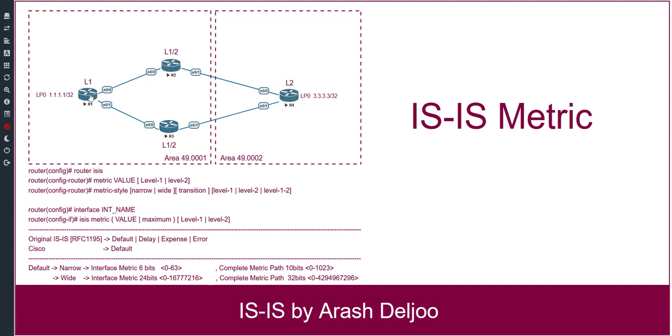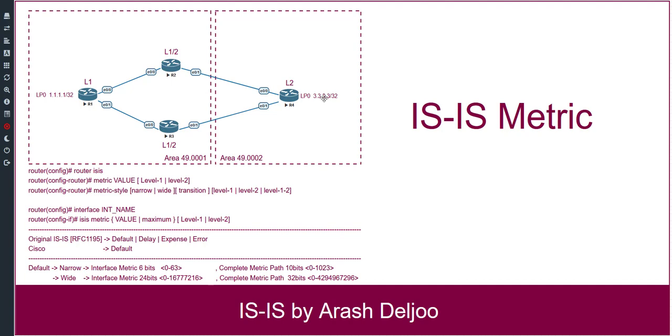This means that for reaching router 4, we have the metric 20 from this path and also 20 from this path. Also, we have loopback 0. If you configure loopback 0 with the passive interface command, the passive interface's metric is 0. Because of that, the total metric to reach loopback 0 is 20.